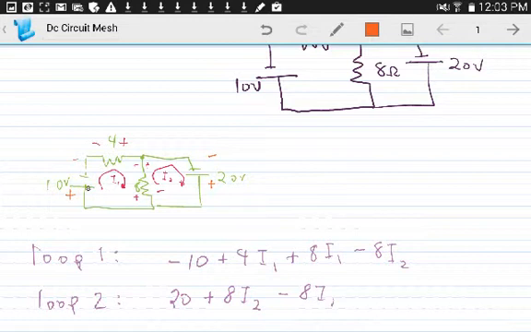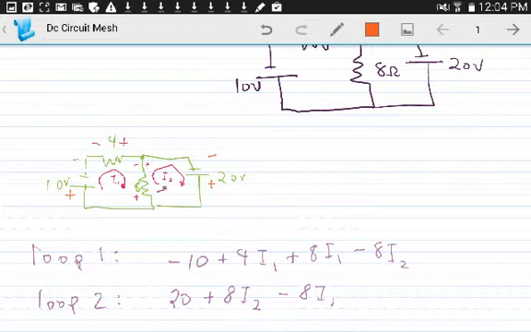So entering here, leaving negative, I have negative 10. Entering negative, leaving positive, so we have positive voltage here: plus 4 times current I1. Same thing here, negative entering, leaving positive, so plus 8 times I1.